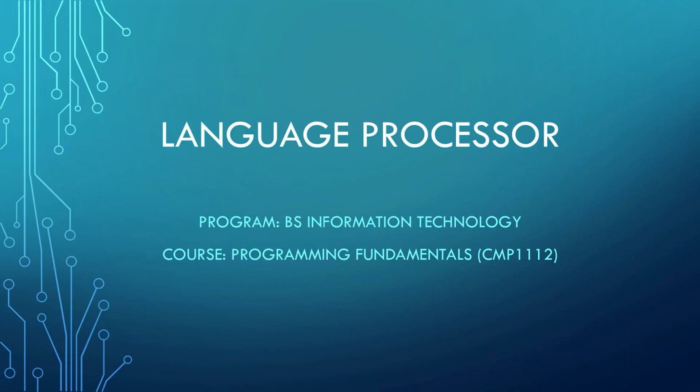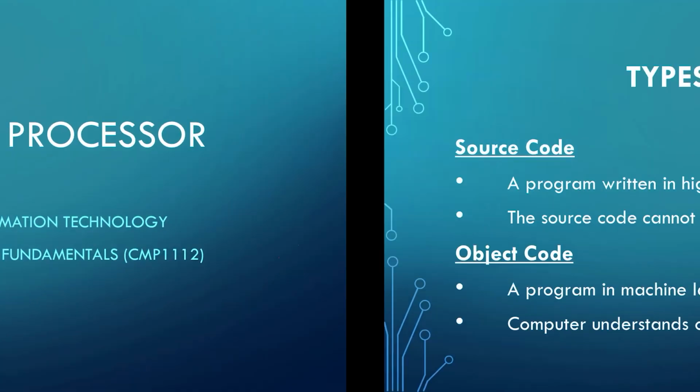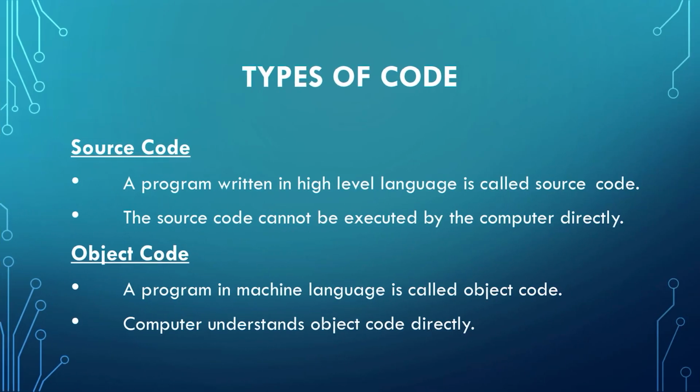In order to understand this language processor in detail, we first need to study the types of codes. We have two different types of codes: source code and object code. A program written in high level language is called source code, and the program in machine language is called object code.